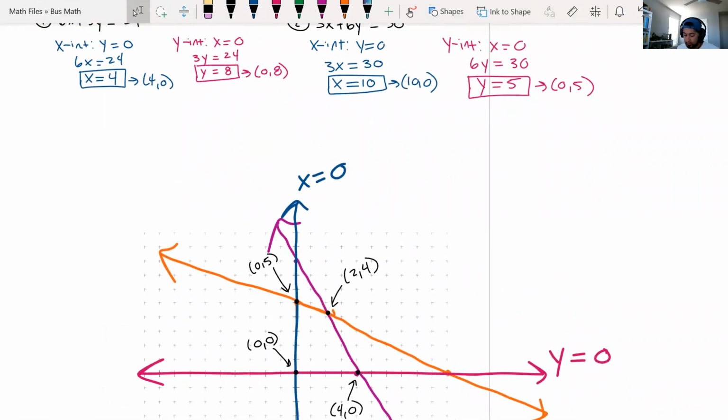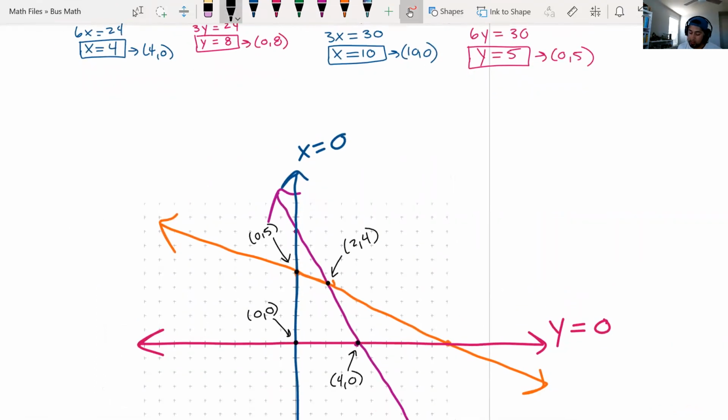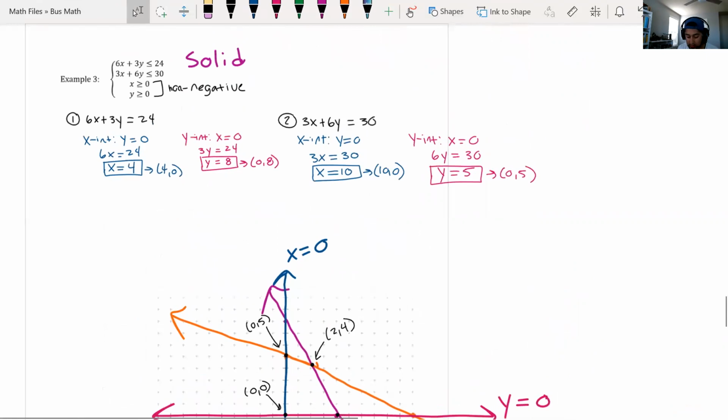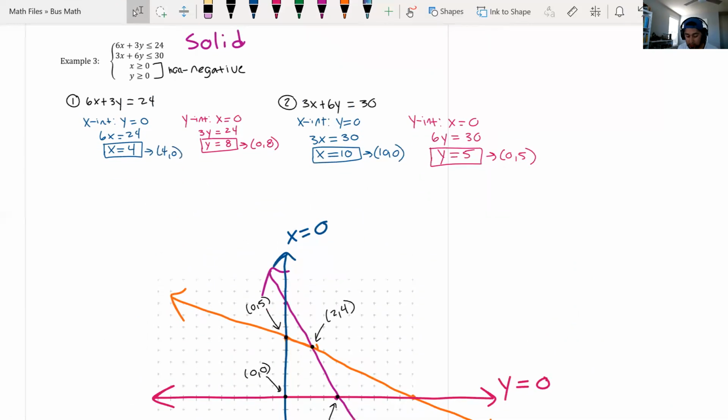Okay, excellent. And the reason I'm not counting these intersection points yet is because when we start shading, you'll see why. It's going to just be the corner points of the feasible region. I think 2, 4 works. Let me double check. That would be 12 and 12. Good. That would be 6 and 24.